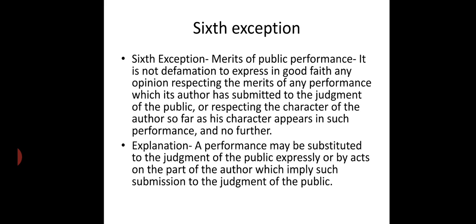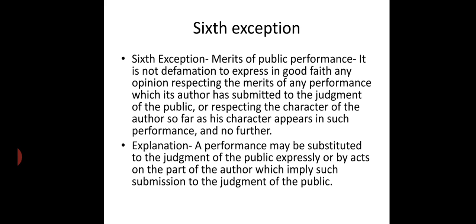Here an explanation is also attached to the sixth exception. The explanation says a performance may be submitted to the judgment of the public expressly or by an act on the part of the author, which implies such submission to the judgment of the public. This is the sixth exception.